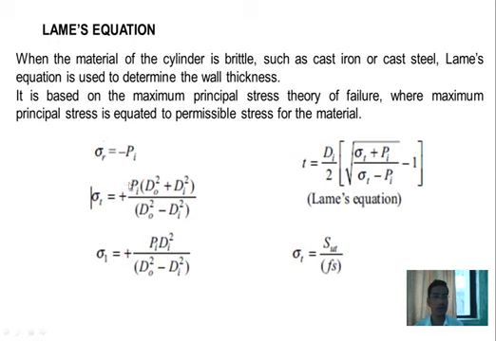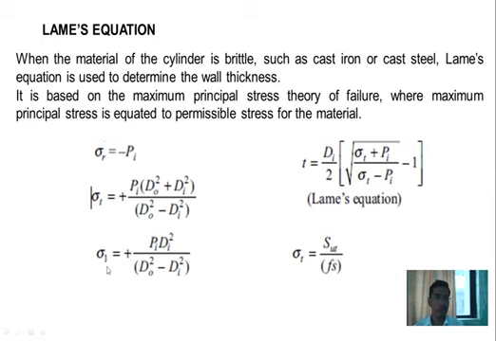Here pi is the internal pressure acting inside the cylinder in Newton per mm square, Do is the outside diameter of the cylinder in mm, and Di is the inner diameter of the cylinder in mm. By this formula we get the circumferential, hoop or tangential stress for a cylinder made of a brittle material.